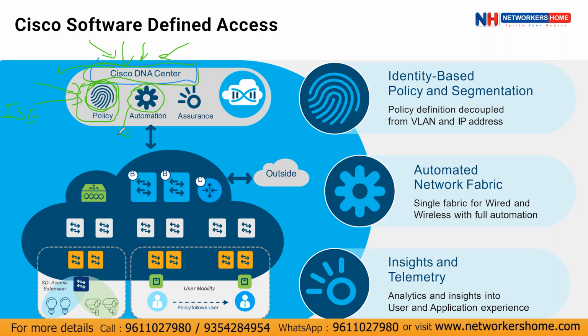Until now, 50 or 60% of organizations are still doing the manual part. I'm speaking from an organizational perspective, not pointing at any one of you. Typing the access list, assigning users to a specific VLAN manually, logging into every switch. Come on, man, this is a world of automation. You don't have to do everything yourself.